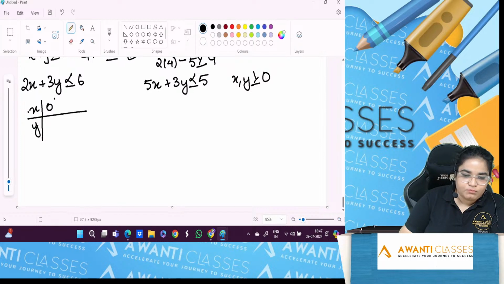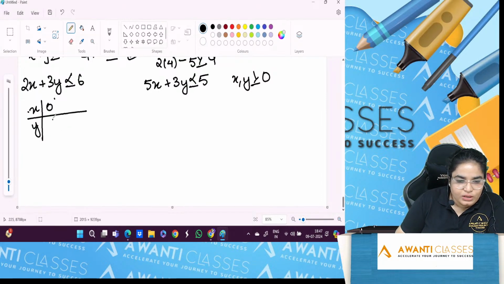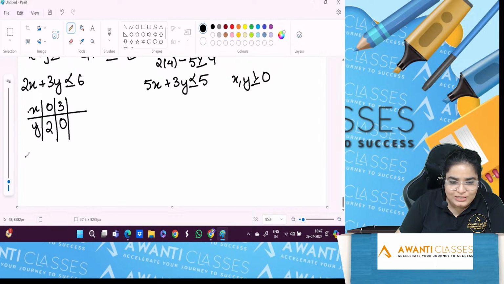Okay, so for it to be equal, this can be 2. Yes or no? Can it be 3? It cannot be 3 because 3 threes will be 9. Similarly, if I take y as 0, x has to be how much? x can maximum be 3. Let us take any other 2x plus 3y.